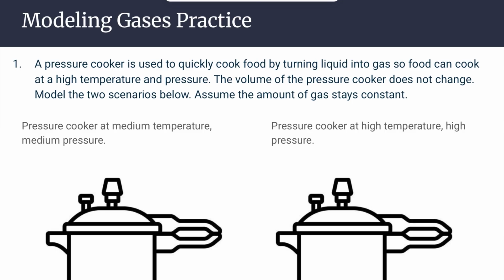And so because the volume does not change, we can see that our pressure cooker is staying the same size. And I gave us an outline of a pressure cooker. If you were doing this on your own, you could always just do a rectangle to represent the pressure cooker.